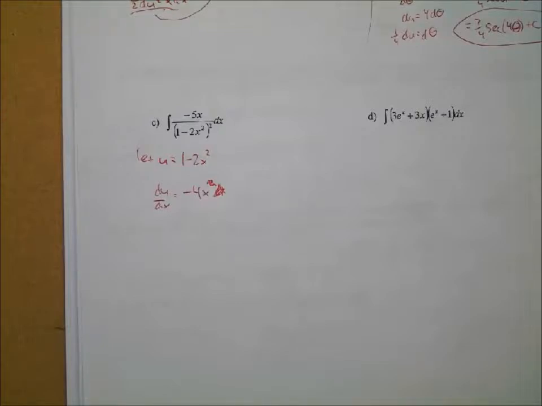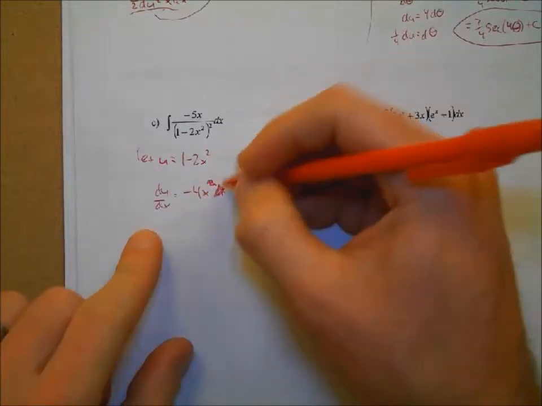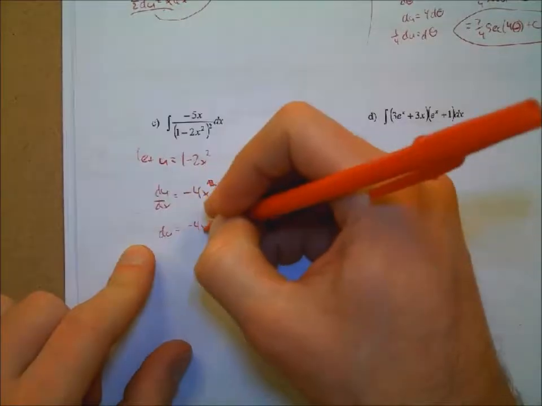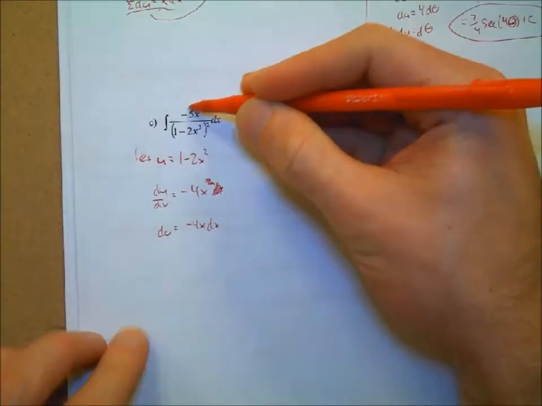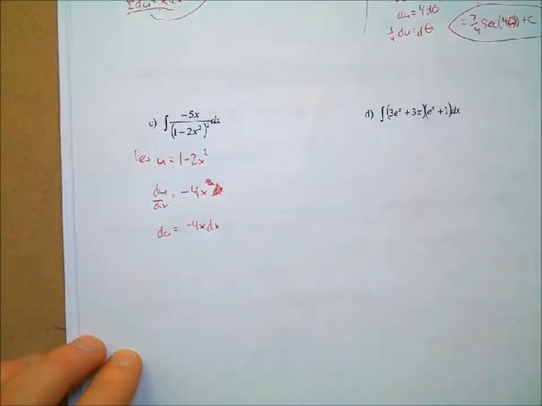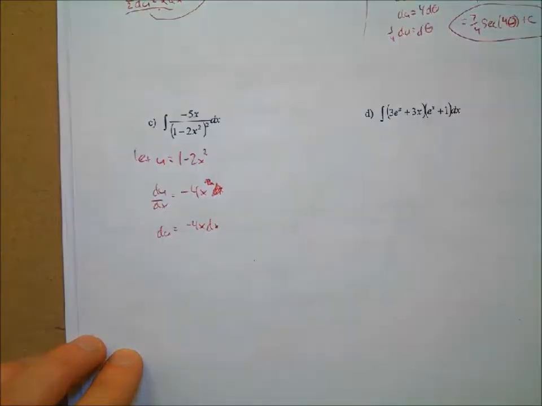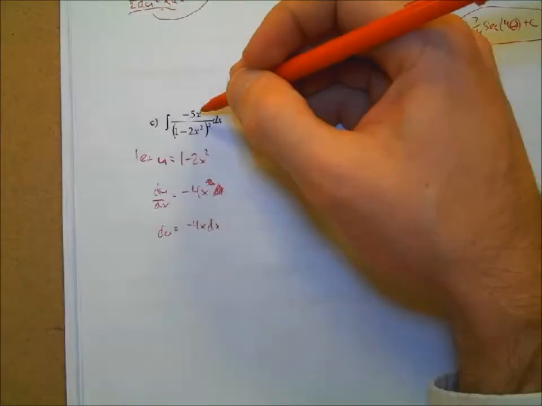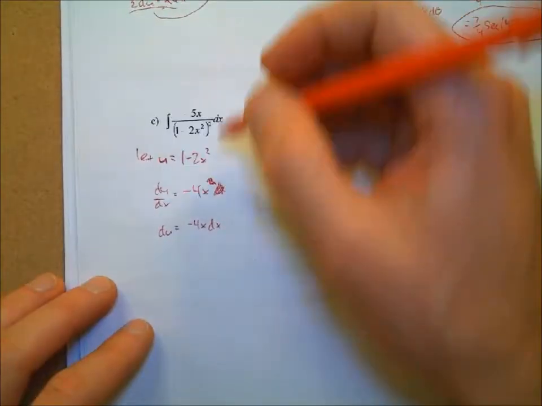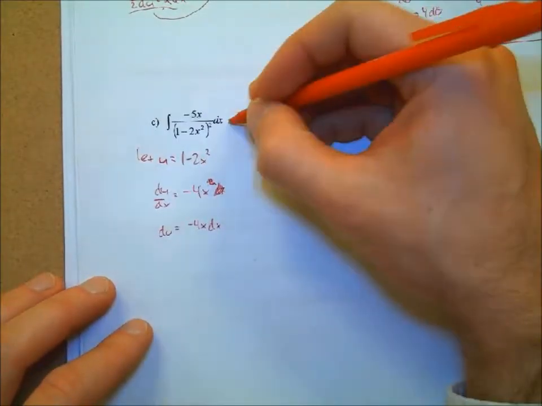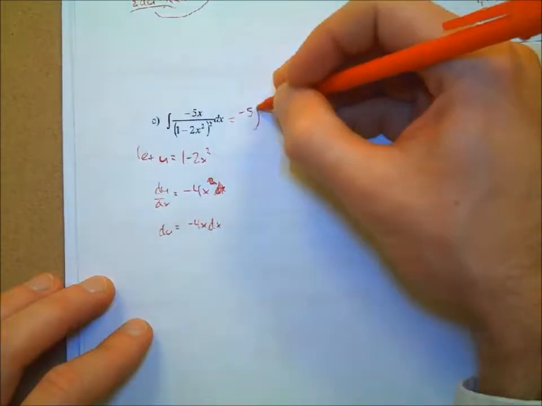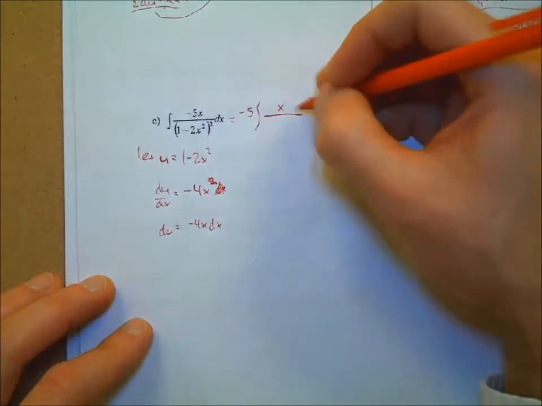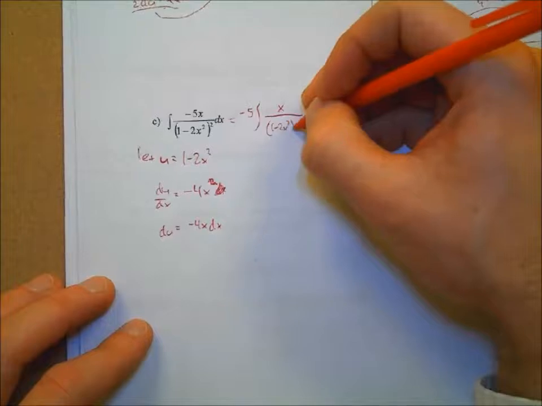Okay. We'll multiply the dx over, so we have du equals negative 4x dx. Of course, we have negative 5x dx. Okay? But again, we can think of it a couple different ways here if you want to. We can pull that negative 5 out. So we'll say negative 5 times the integral of x over 1 minus 2x squared dx.